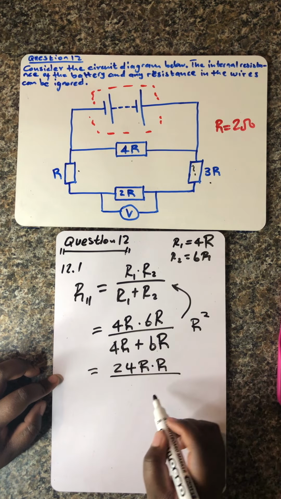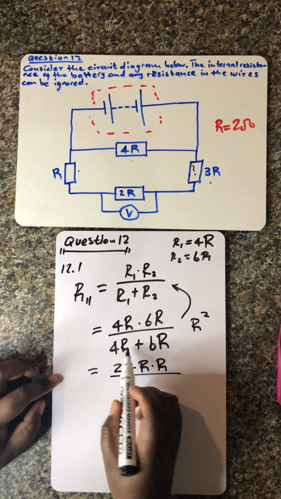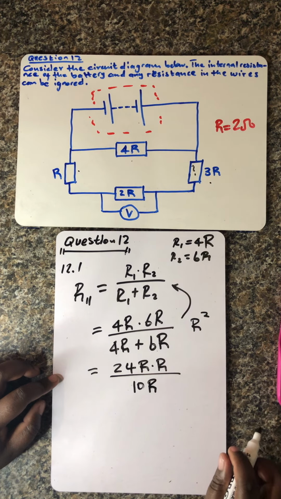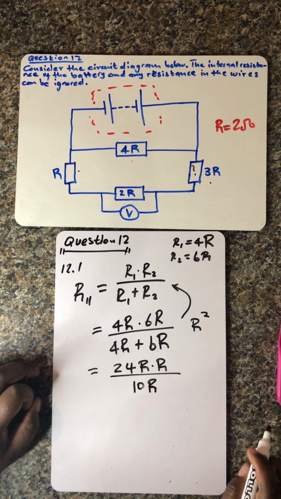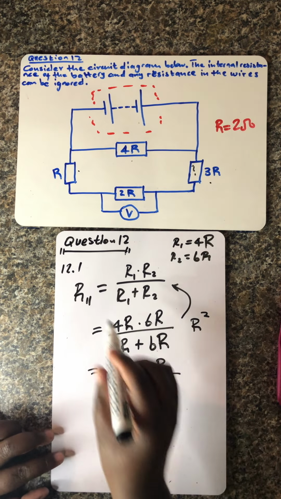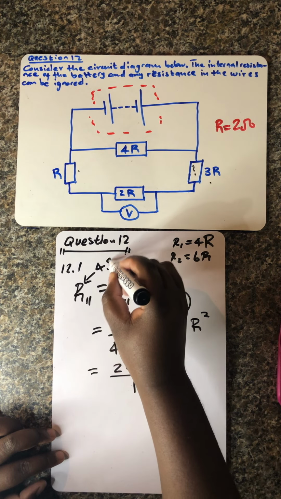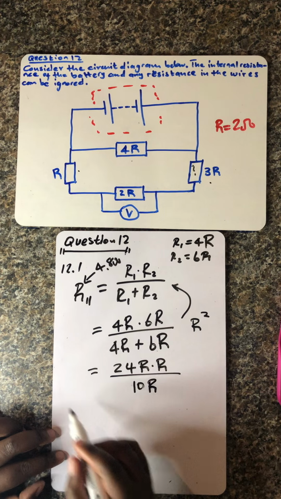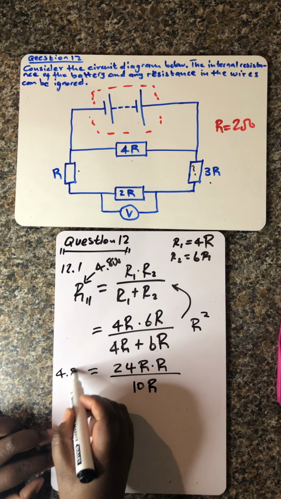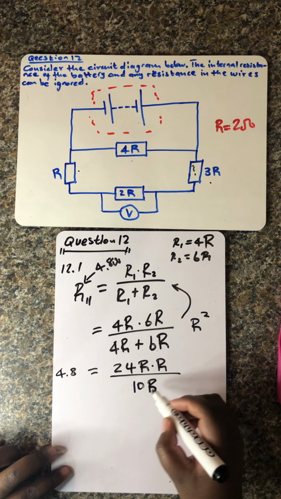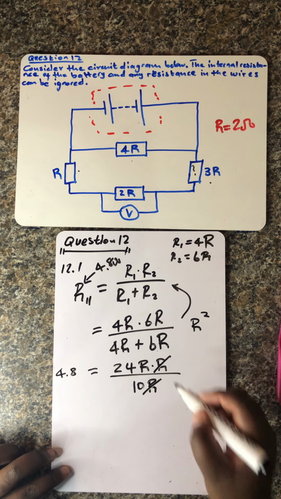Then this is divided by, obviously, 4R plus 6R is 10R. Remember, they've just told us that the R parallel is 4.8 ohms. So that means this is 4.8 ohms. So now this R cancels with that R.